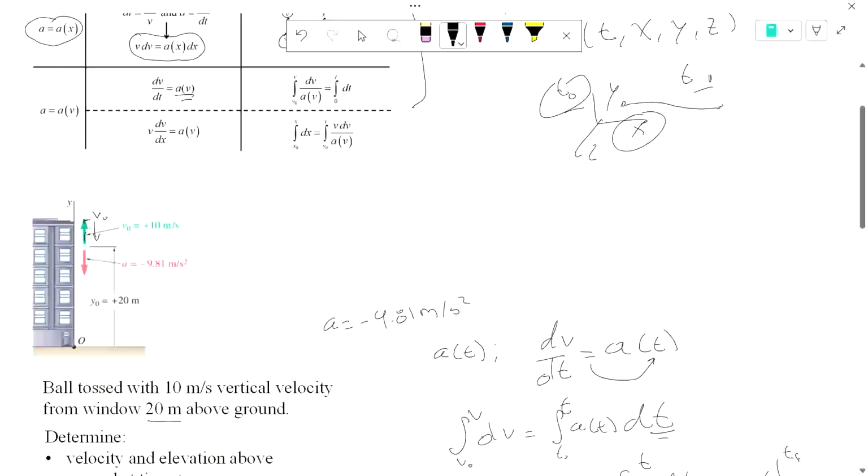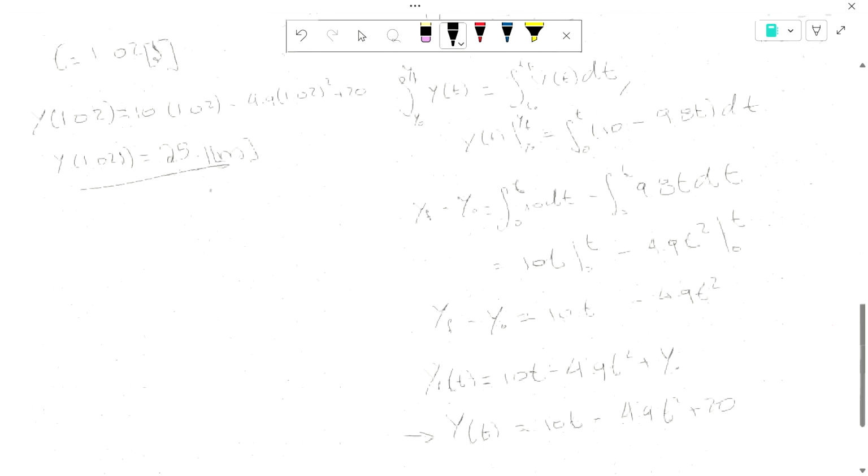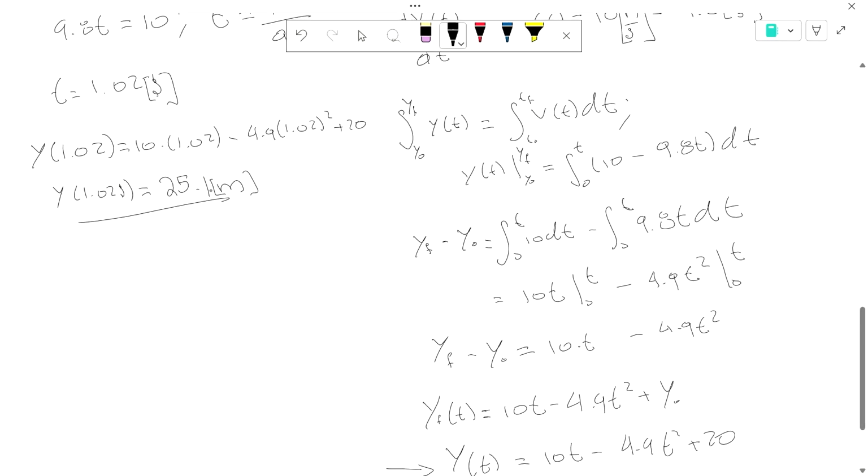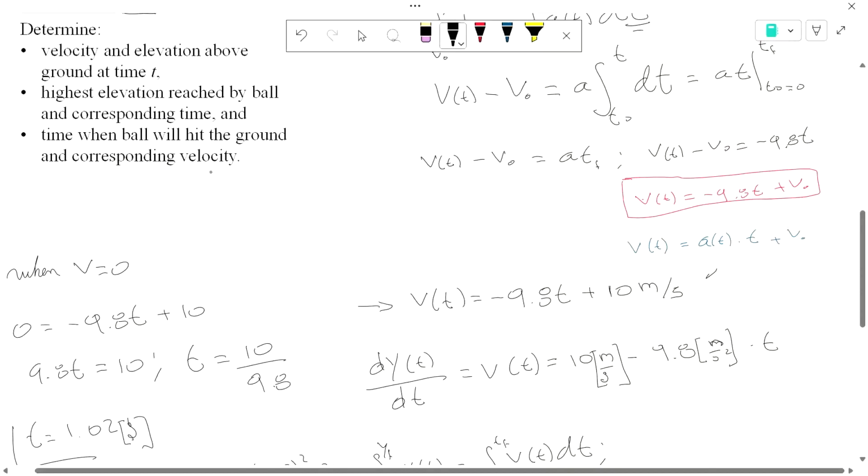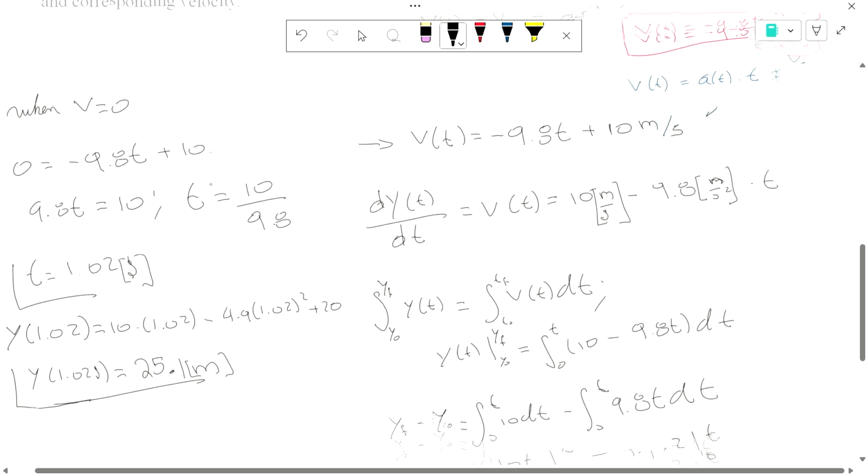Okay, that is the maximum height, 25.1 meters. This is very simple. It's something that you probably did already in high school or in other classes in physics. So we have the time and we have the maximum height. Now let's see what they're asking. Time when the ball hits the ground and the velocity.